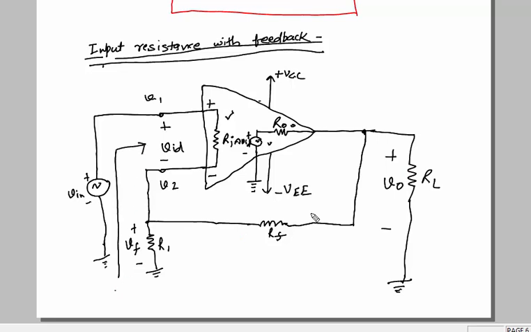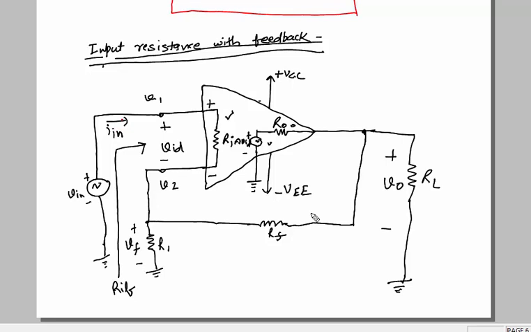So this will be the final output. Now if I look from here, this will be the input resistance with feedback, which we are interested to determine, and this is the input current I in.